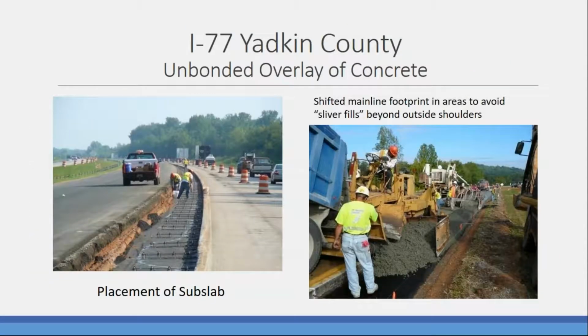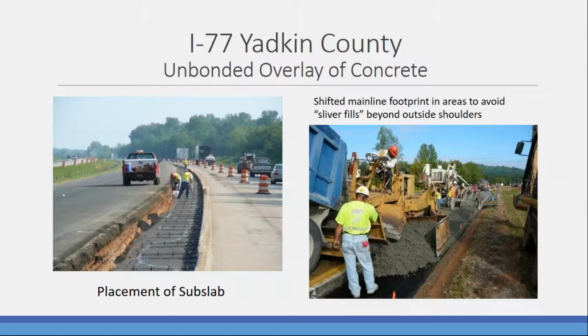One of the challenges of some of these jobs, not all of them, and sometimes not throughout the project, is that because this was in the foothills region of our state, it's a very environmentally sensitive area. We had to be careful with those shoulders and make sure we had the correct slopes outside the shoulders and avoid sliver fills.